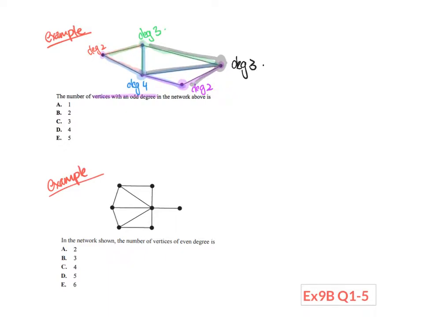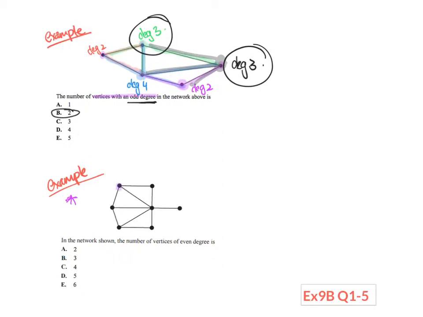Now they're asking for the ones with an odd degree. That's an odd number and that's an odd number. So how many have an odd number? 2. Okay. This last example down here says, in the network shown, the number of vertices with an even degree. So we'll go through them and check them out.